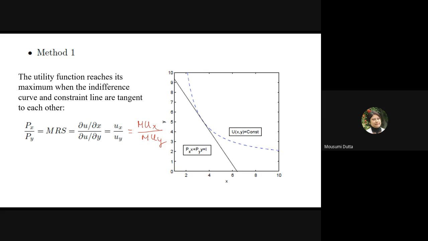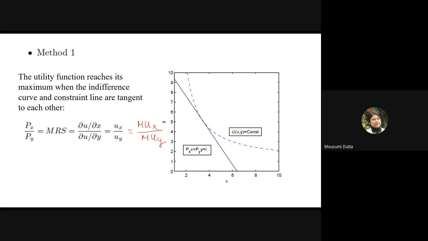The utility function reaches its maximum when the indifference curve and the constraint line are tangent to each other. Now, tangent means the slopes of the two lines are equal to each other. The absolute slope of the budget line is px by py, or minus dy by dx is equal to px by py for the budget line, whereas the same slope, minus dy by dx, is equal to ux by uy, or mux by muy, or mrs xy for the indifference curve.